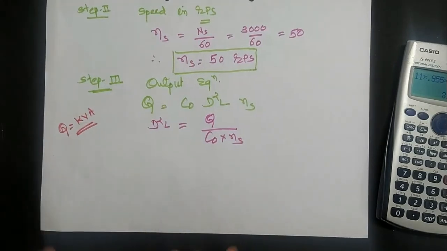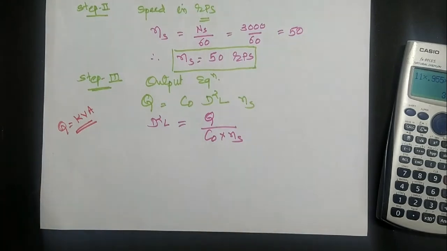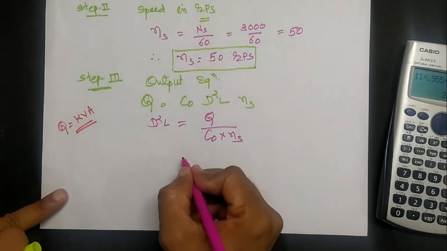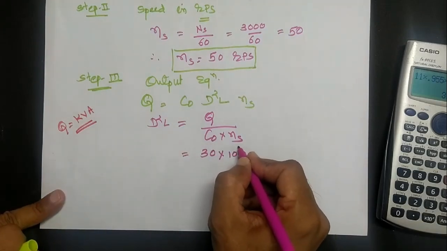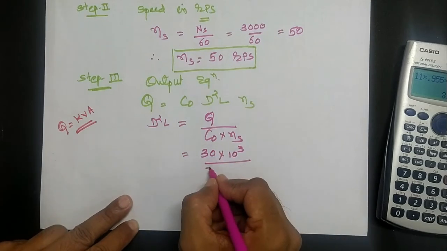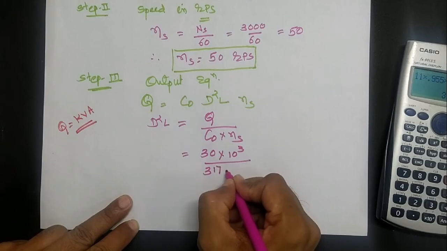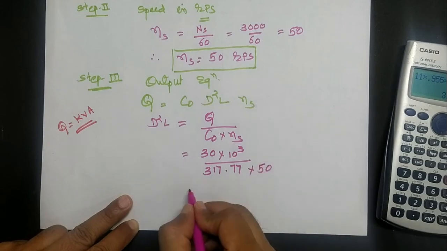And we have been given output capacity for this alternator, that is 30 MVA. So while calculating, we have to convert the value into kVA. So 30 multiplied by 10 raised to 3 divided by 317.77 and multiplied by 50.